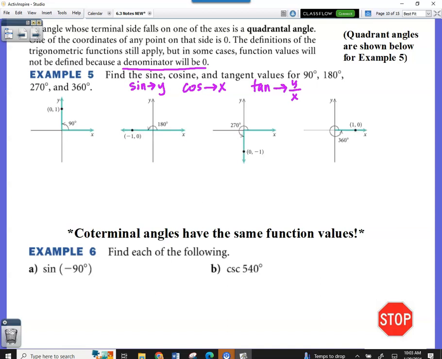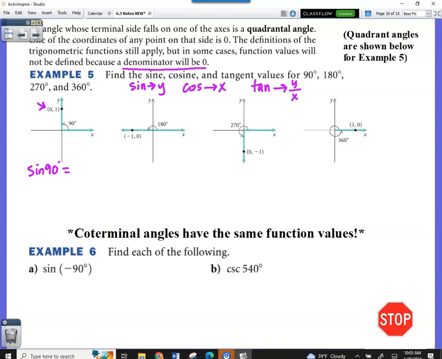Alright, look at the first one right here. We're gonna do sine, cosine, tan of this picture, this one, this one, this one, so you can see all. Sine of 90, our angle is 90. Sine of 90 means the y value. Imagine the picture's not there. If I said, what's the sine of 90? You should think, okay, an angle is opening up to 90. Wait a minute, that's landing on an axis. Then you should think to yourself, so what is the coordinate point if it landed right there? It would be 0, 1, right? So this is the point. This is important.